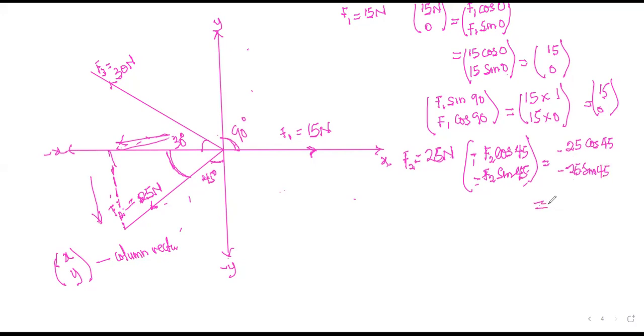Cos 45 is root 2 on 2. So this is minus 12.5 root 2.